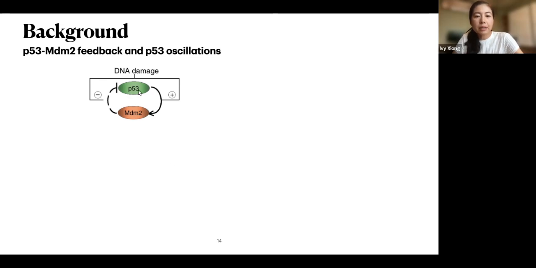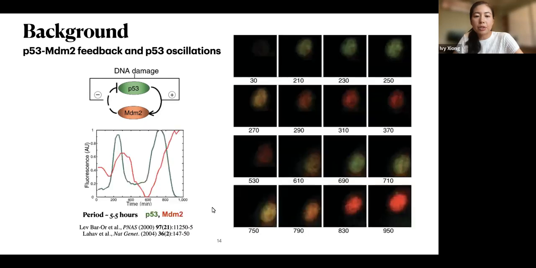PV3, as a transcription factor, when activated by, for example, DNA damage, accumulates and transactivates the expression of MDM2, which is the inhibitor of PV3 activation. There is a time delay here due to transcription and translation. So this negative feedback with time delay produces oscillatory patterns that have been recorded very robustly.